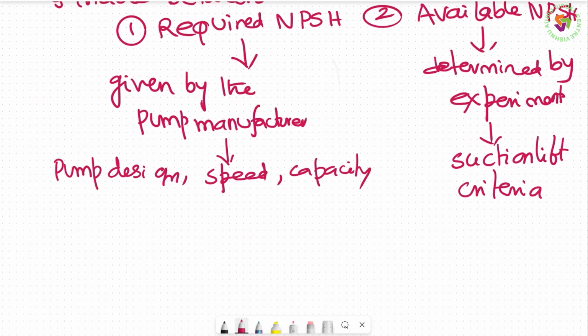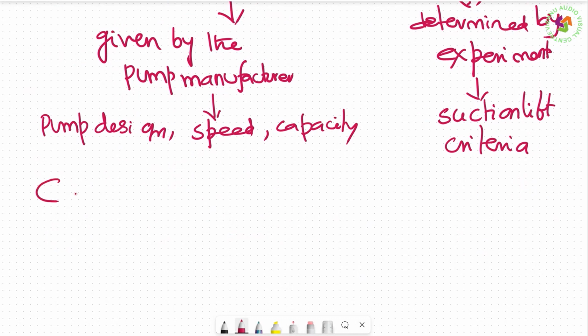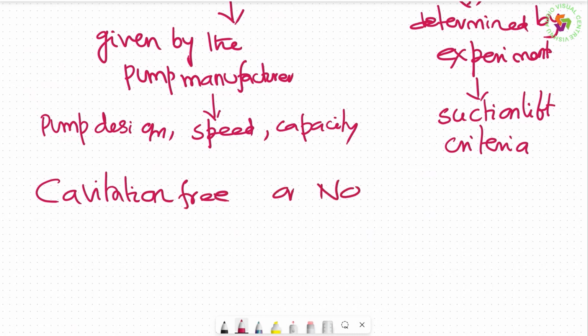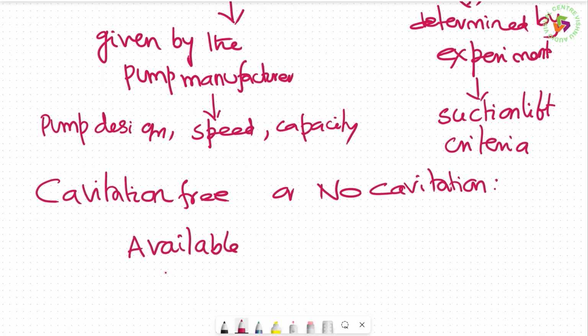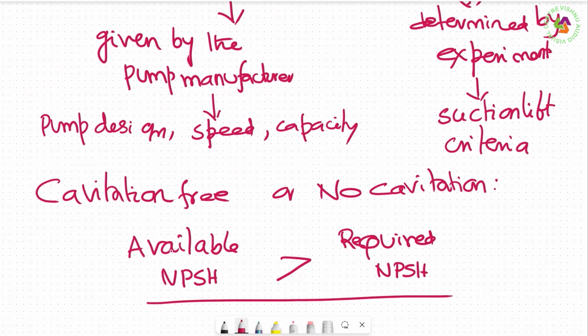The final thing is, if you don't want cavitation, what is the condition? The available NPSH should be greater than the required NPSH.